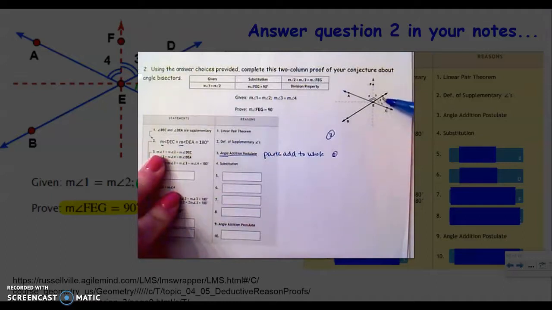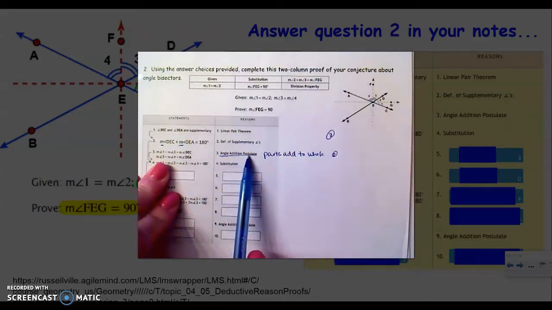We know that these parts, 1 and 2, together make this whole angle DEC. So the measure of angle 1 plus the measure of angle 2 equals the measure of angle DEC. 3 and 4 are the parts that make up angle DEA. So we would say the measure of angle 3 plus the measure of angle 4 equals the measure of angle DEA. And again, that's using the angle addition postulate.